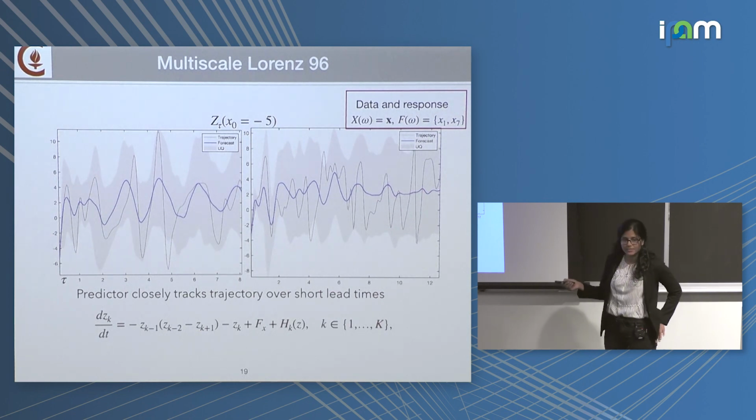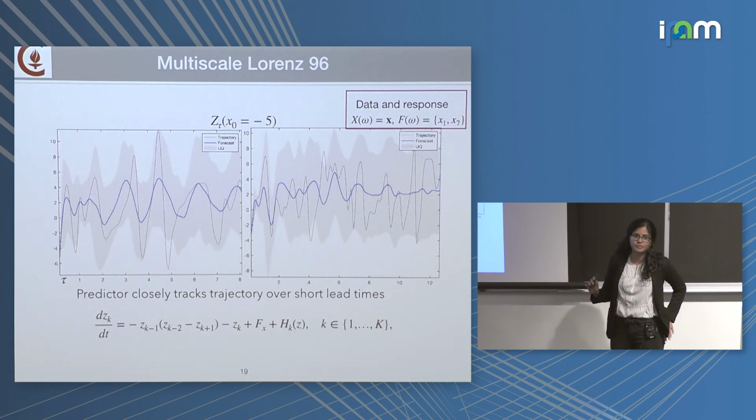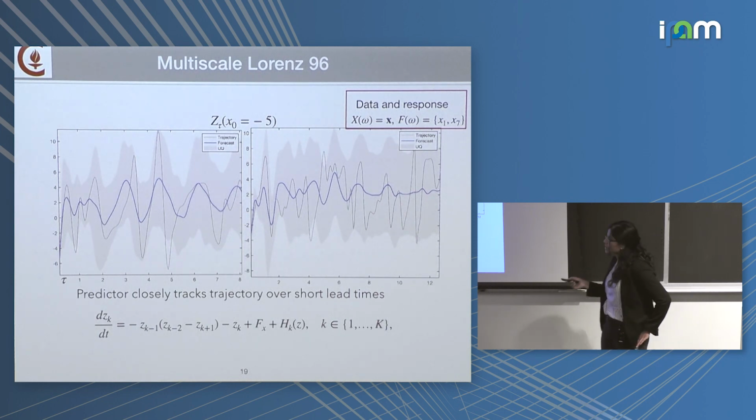It actually tracks the trajectory because the conditional expectation should disappear as epsilon becomes small. And here we're taking epsilon as 0.001 or so. And you can see that for short term, this predictor is actually right on top of the trajectory, but you do see this damping effect in both trajectories.